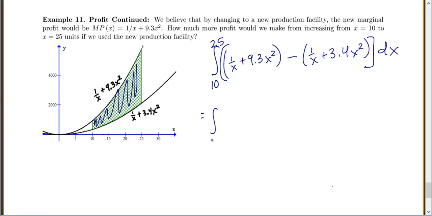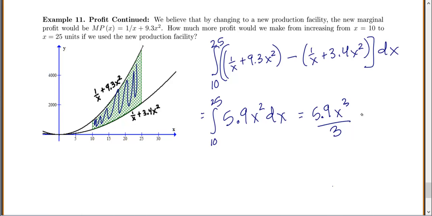Let's go ahead and actually work this one out. So 10 to 25, notice your 1 over x's will cancel. So we just have 9.3 minus 3.4, or 5.9 x squared dx. Okay, so when I integrate this, I'm going to have the 5.9, the x squared we raised by 1 power, so to 3, and divide by my new power of 3. And we will integrate from x equals 10 to 25.